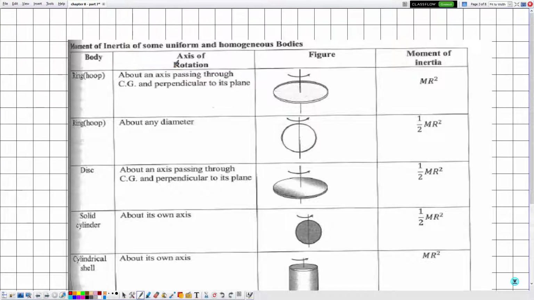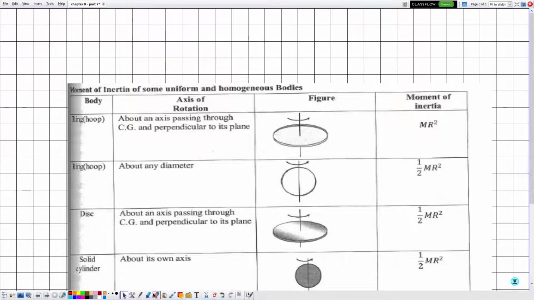In the second column they are telling me where the axis of rotation passes through. In the third column they are giving me a figure, and in the fourth column they are giving me the moment of inertia, I. So this is I equal, I equal, I equal.